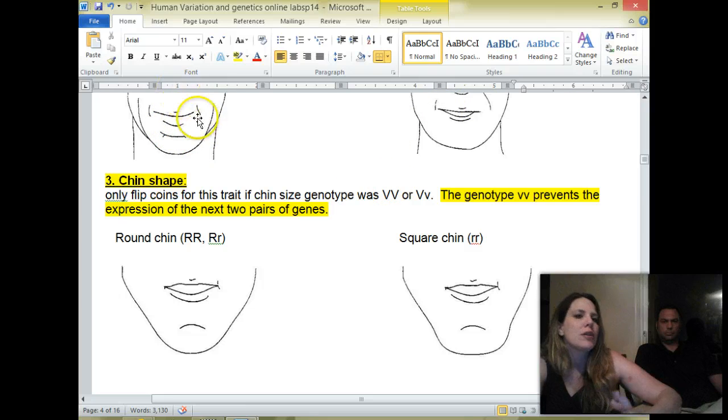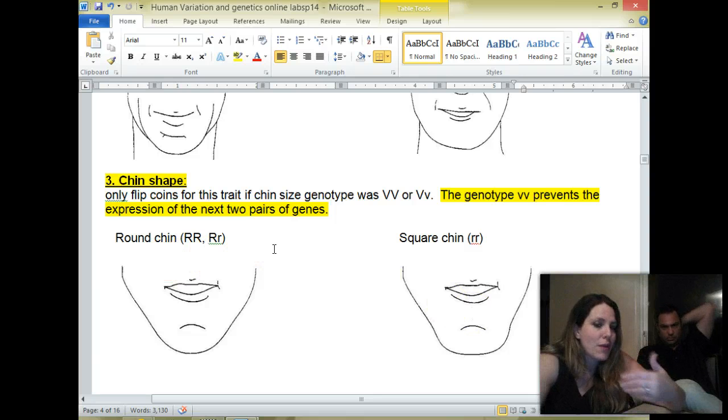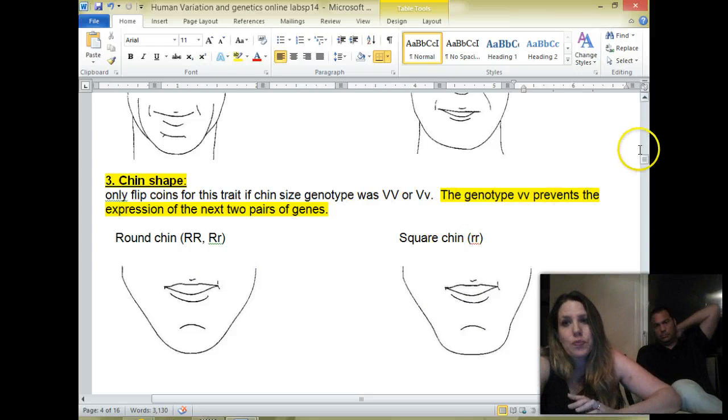In our example, our baby was going to have a prominent chin, because she was big V, little v. Therefore, we can flip for chin shape to see if she has a round chin or square chin. If, on the other hand, the baby had been homozygous recessive with a less prominent chin, that trait would not allow the expression of this trait, because we did not have it travel during crossing over.